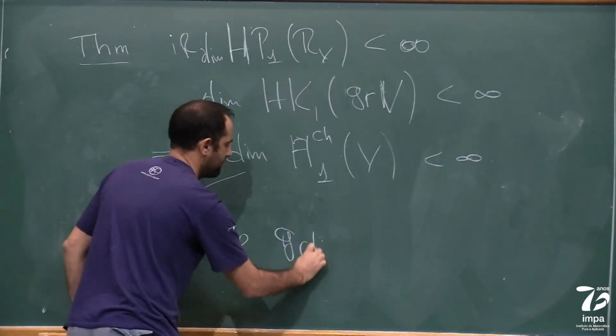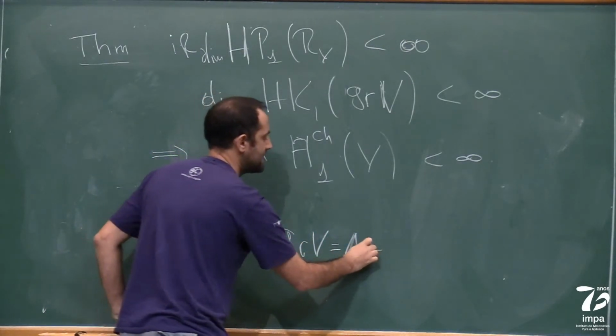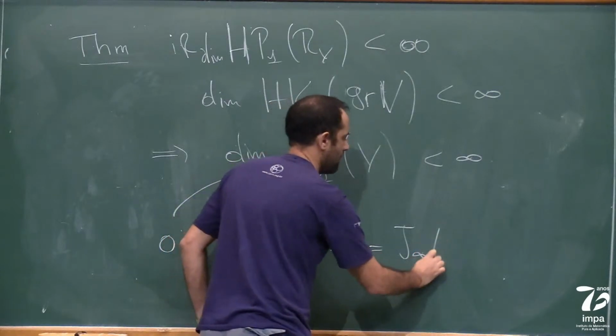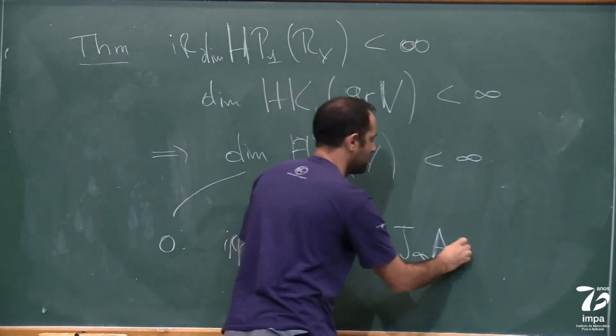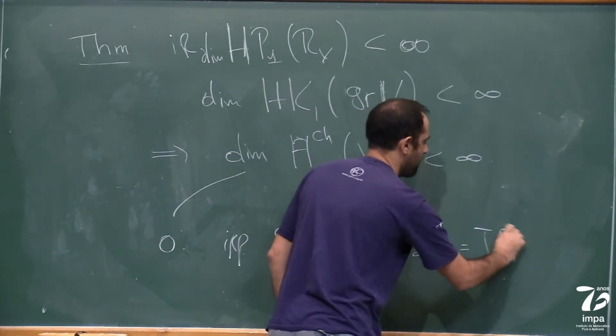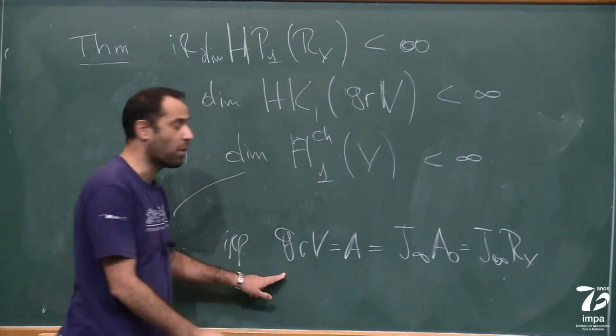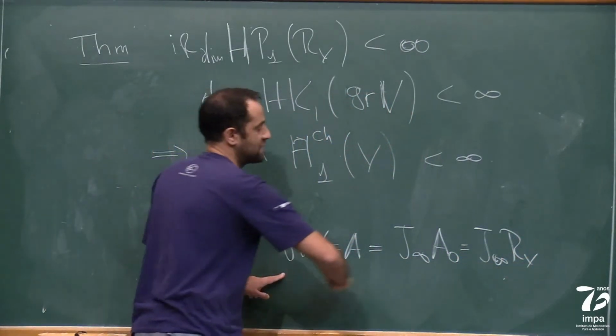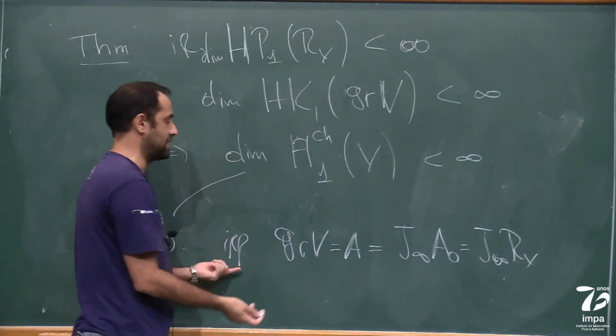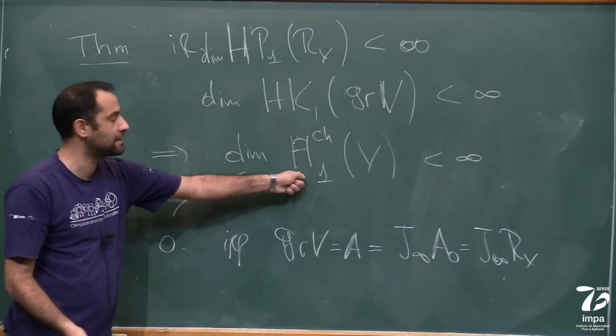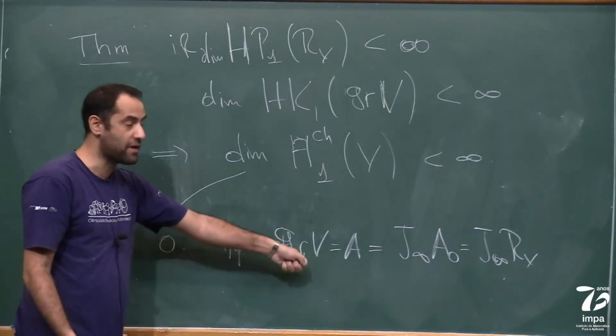the associated graded of V, which is A, is the arc space of its A0 part, the arc space of RV. This is always a quotient of that, and we say that these things are isomorphic if the vertex algebra is classically free. So this guarantees that this space is 0. What happens if they're not?